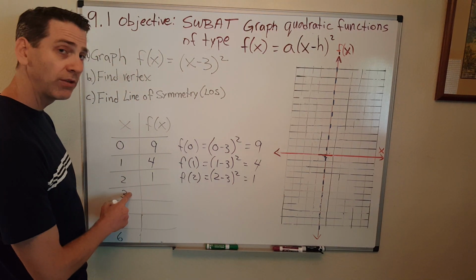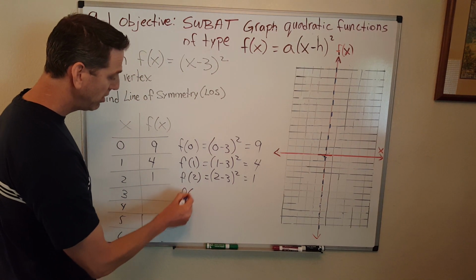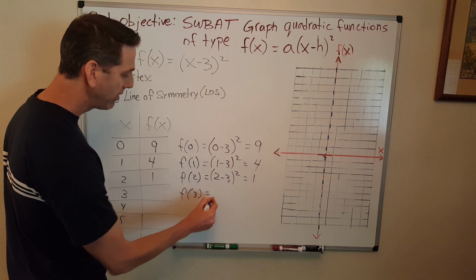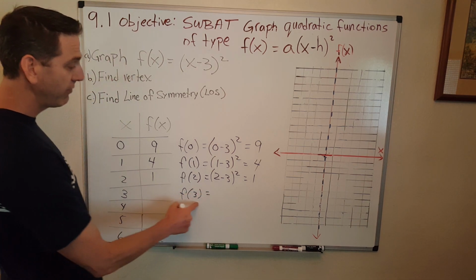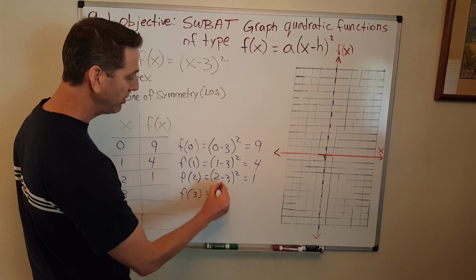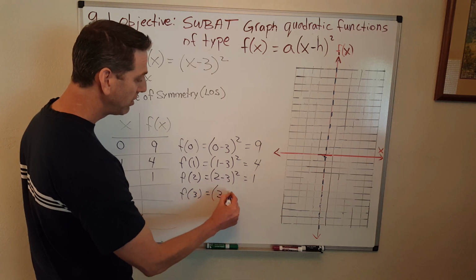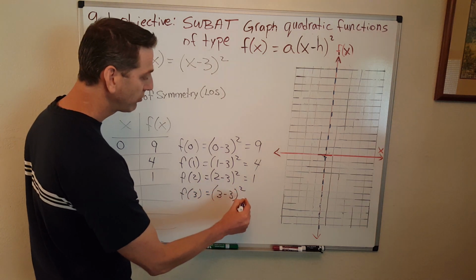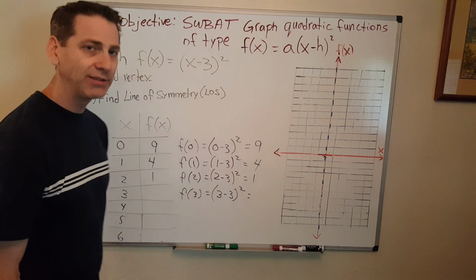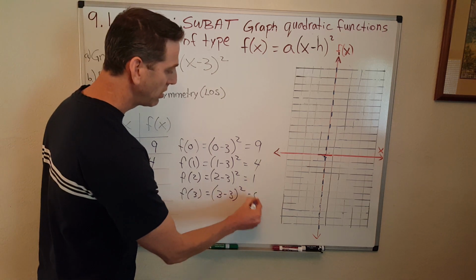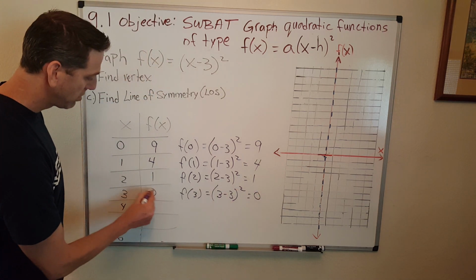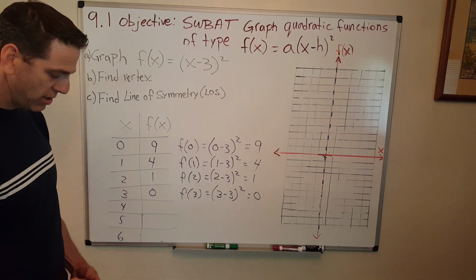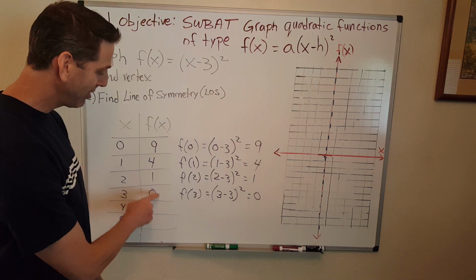How about when x equals 3? In other words, what's f of 3? I just substitute in 3 for x: 3 minus 3 squared. 3 minus 3 is 0, and 0 squared is 0. See that? That's going to be our vertex.